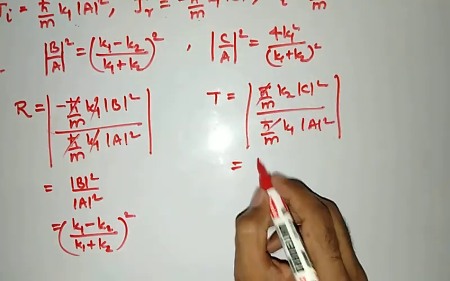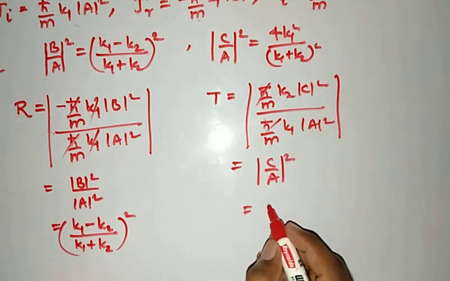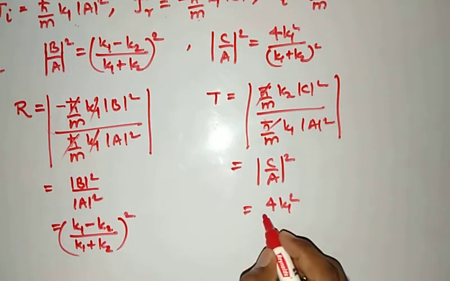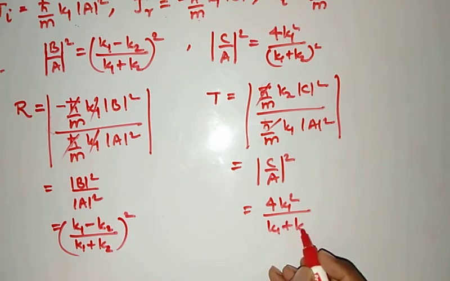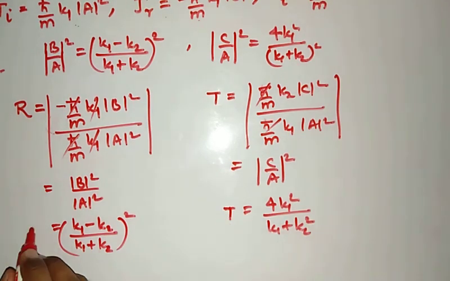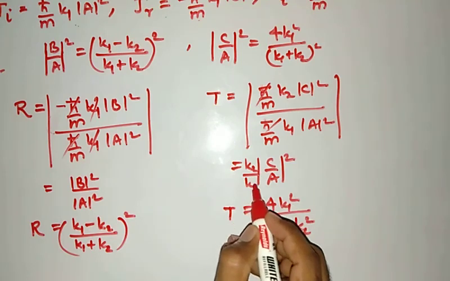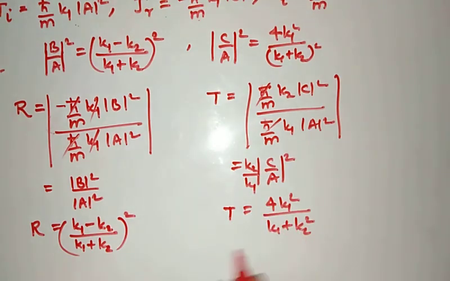Taking the modulus, no problem, we get c by a square, and we have calculated this one, 4 k1 square upon (k1 plus k2) square. So this is what T is, and this is what R is. And this is multiplied by k2 by k1. Now according to the definition, R plus T should be 1.